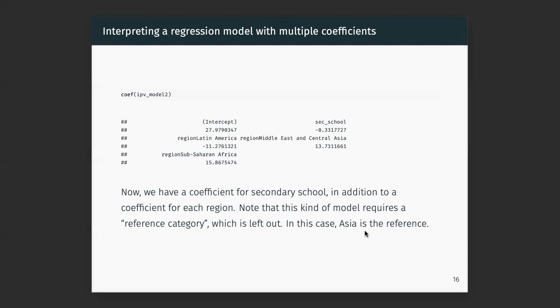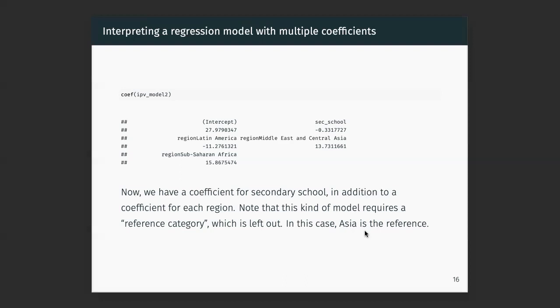But effectively, how would I obtain the expected value of toleration for intimate partner violence when secondary schooling is 0 in Latin America? What I would do is add beta 0 to this. So I get 28 minus 11, 17.